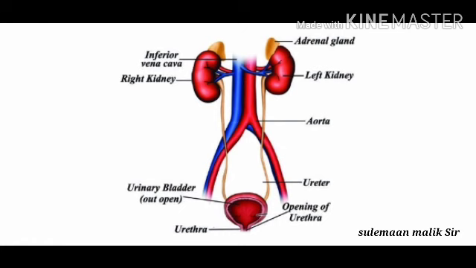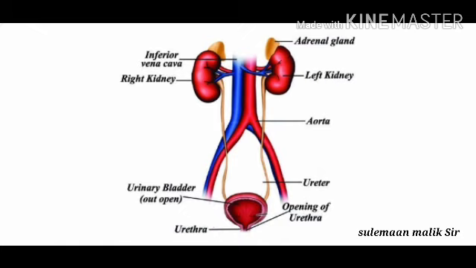On the left there are 4 terms: first is inferior vena cava, second right kidney, third urinary bladder, and fourth is urethra. On the right side: adrenal gland, left kidney, aorta, ureter, and opening of urethra.